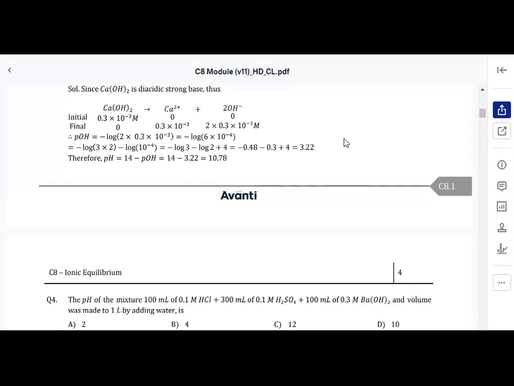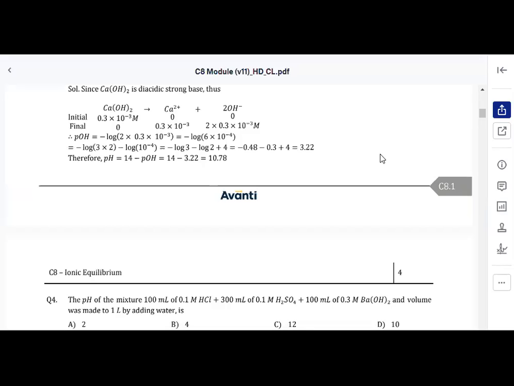See, these kind of questions can be solved just using mole concept. No equilibrium concept is used here. Now just think about this. I'll give you 2 minutes. Think and try to solve. Okay, let's see this problem.